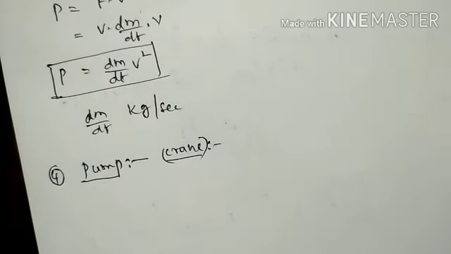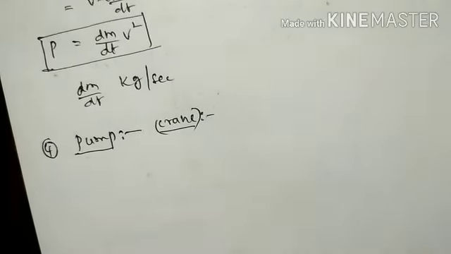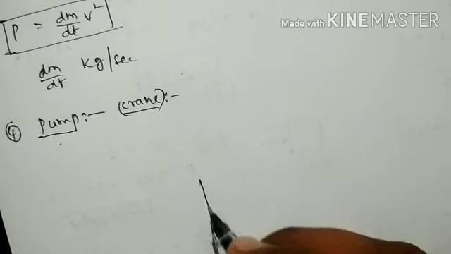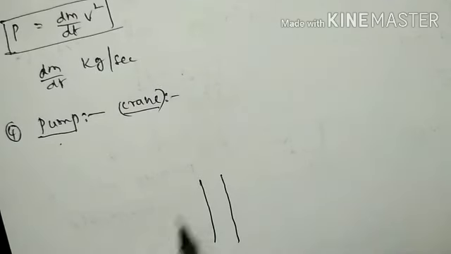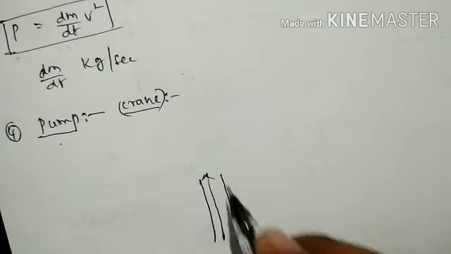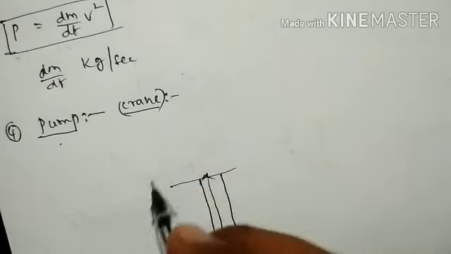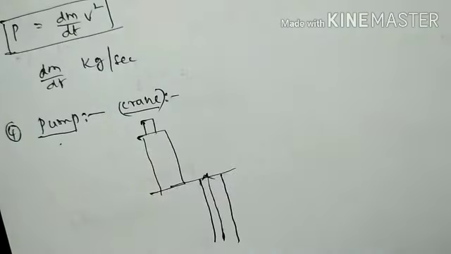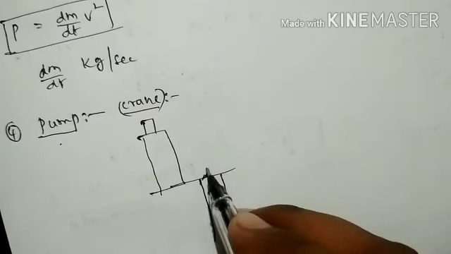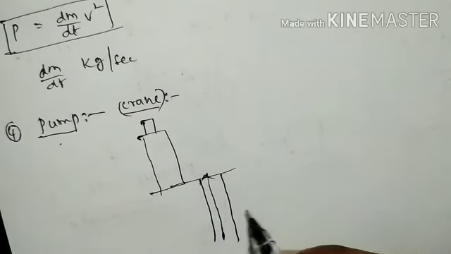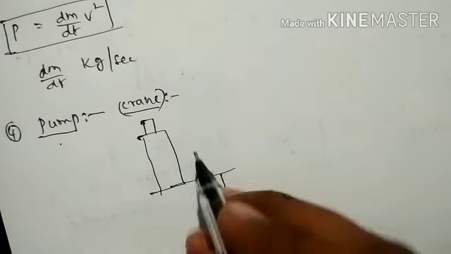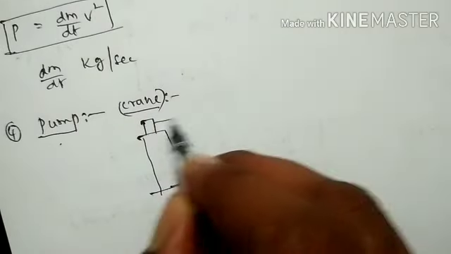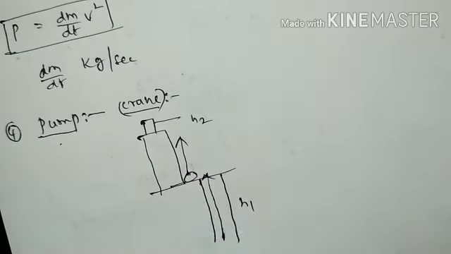So what is the relation here? Suppose you consider the pump. If you observe, this is a bore well and the water has to be lifted from the bore well. This is below the ground level and the building is above it. The tank is built on the building. The water will be pumped up to the ground level from a depth of h1, and this is again pumped to the tank, which is at a height of h2 from the ground level.